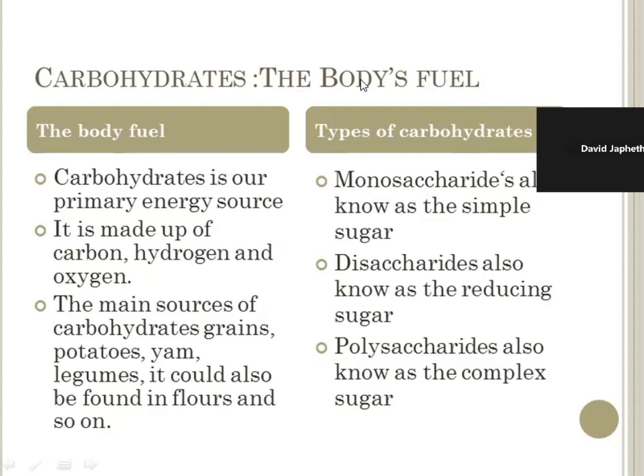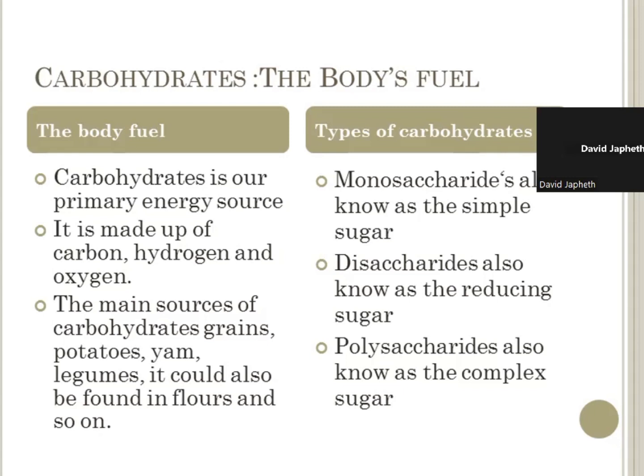Examples of monosaccharide, meaning the sugar which you get from them, are glucose, galactose, and fructose. Disaccharides are known as the reducing sugar, and its formula is C12H22O11. An example is maltose. Then the polysaccharide, also known as the complex sugar, has C6H10O5. An example of this is glycogen.